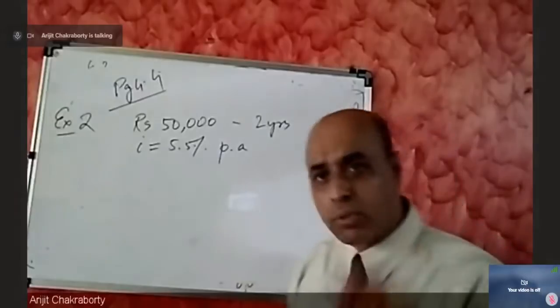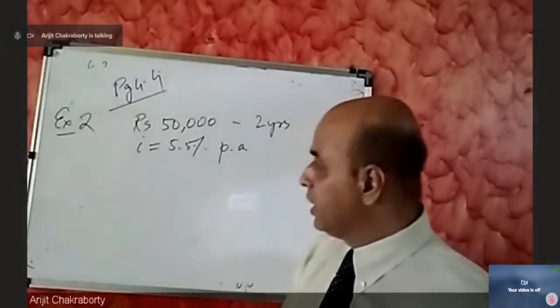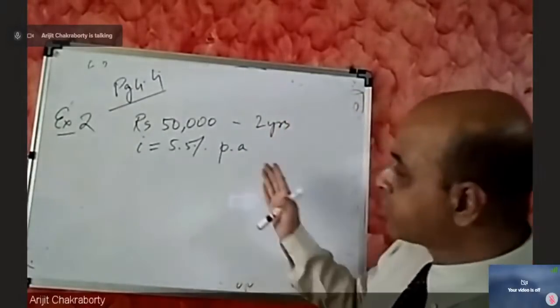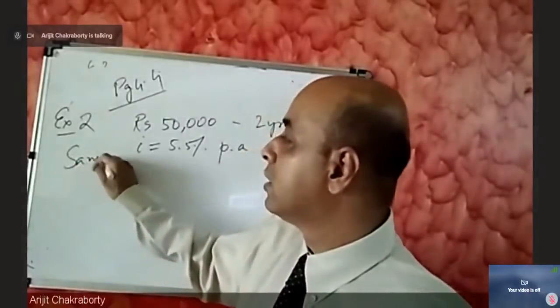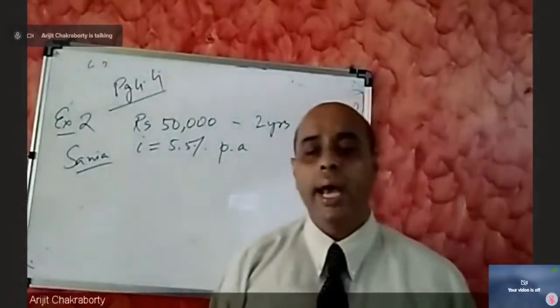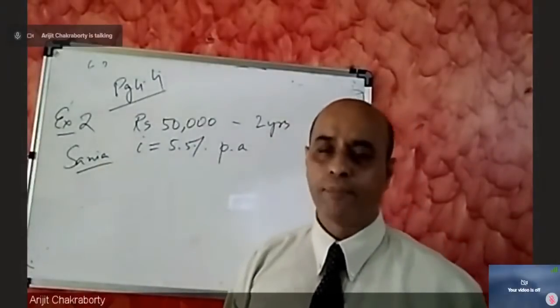Many of you know, but in case you are not aware, please note per annum means per year. So how much interest will she be earning? Sania has kept rupees 50,000 in a bank for 2 years at 5.5%. How much interest is she going to earn?